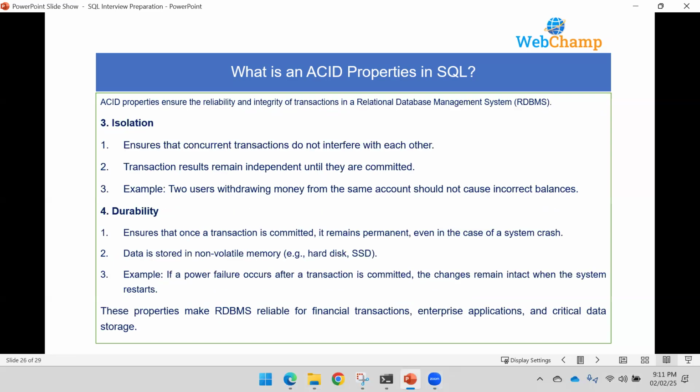Next is isolation. It ensures that concurrent transactions do not interfere with each other. Meaning, let's say there are two persons withdrawing money from the same account at the same time.